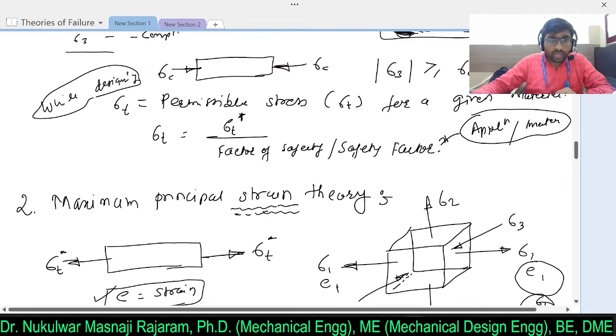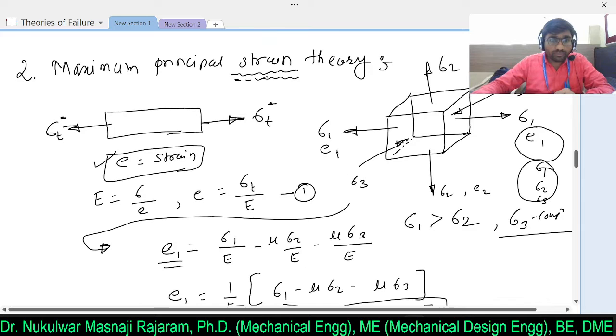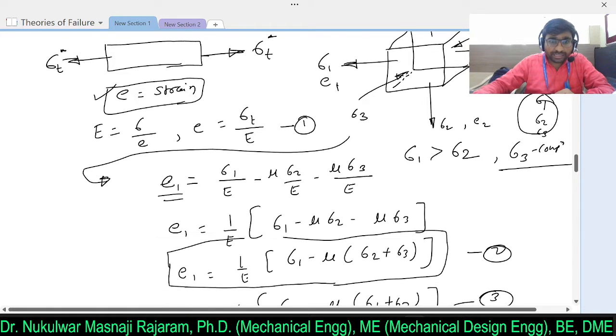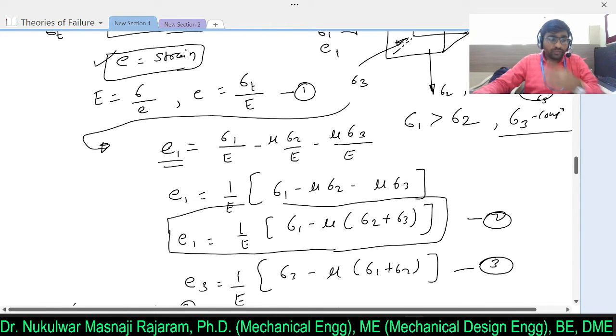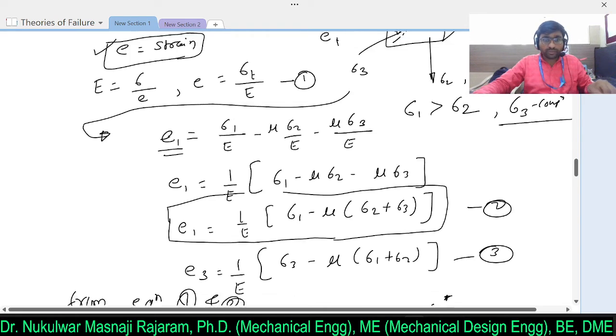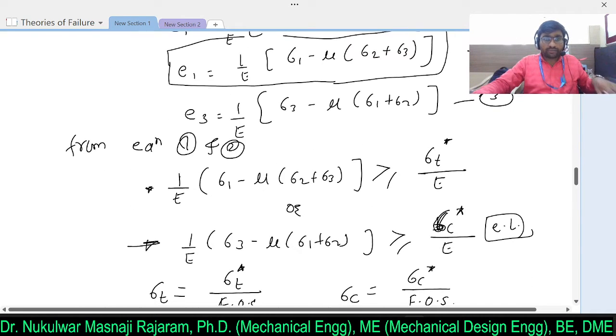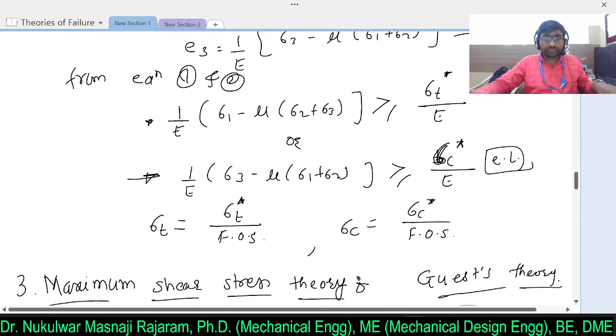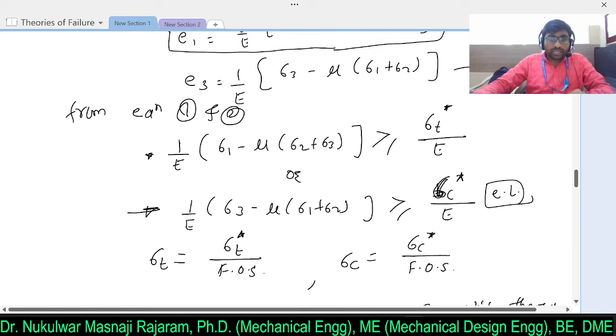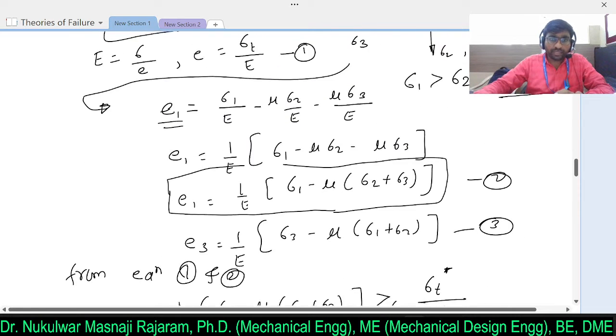So if you look at this particular case, the maximum principal strain theory, in which we evaluated the formulas, from that we get a different equation. So let's consider this equation: 1 upon E into sigma 1 minus mu into sigma 2 plus sigma 3 must be equal to or greater than sigma t star divided by E.